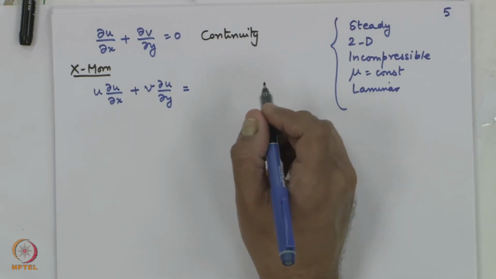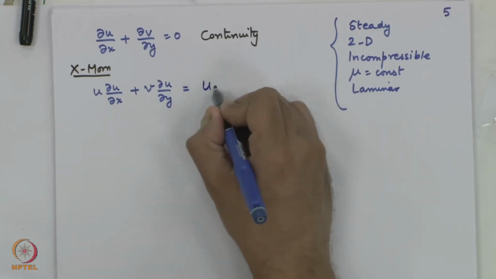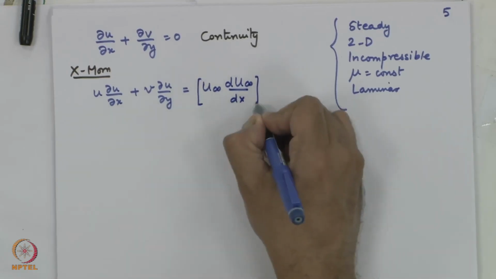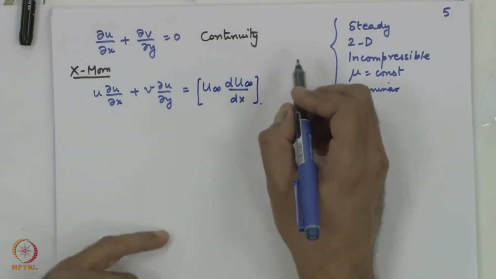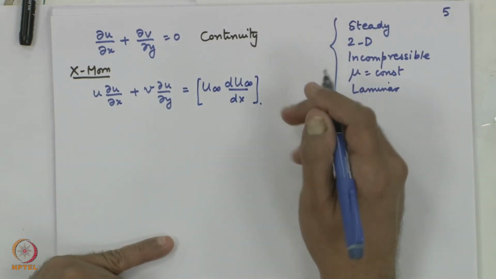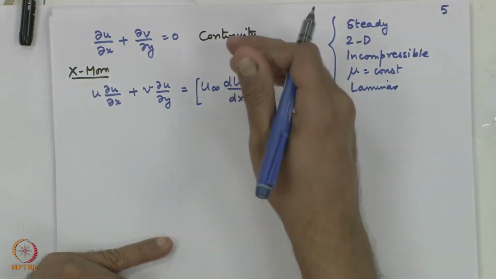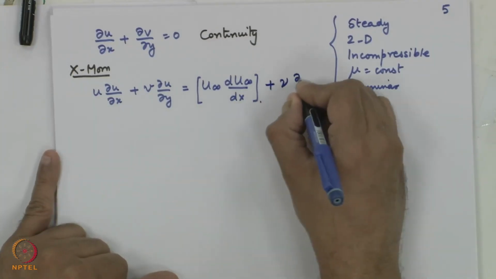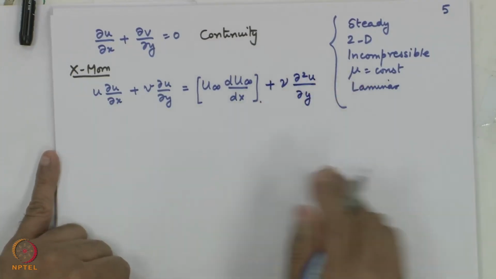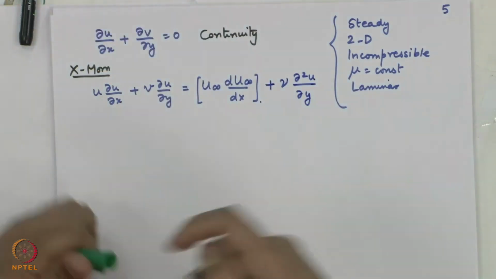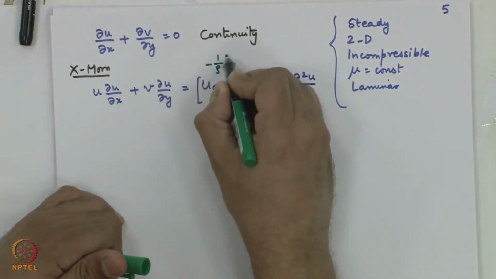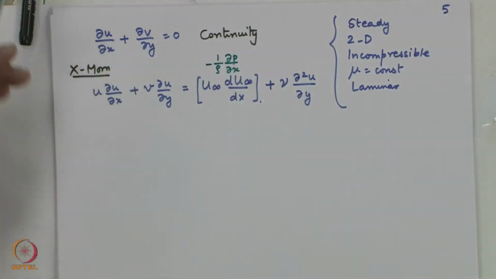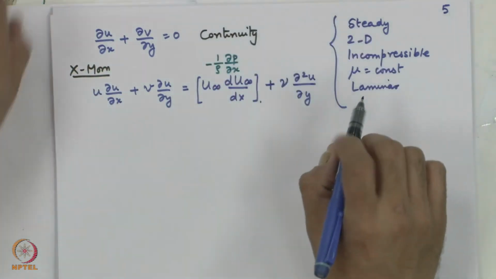Then minus 1 by rho dp by dx becomes u infinity du infinity by dx. This comes from the fact that dp by dx is transformed to u infinity du infinity by dx using the continuity of the pressure from the free stream. This was seen when the boundary layer equations were derived, so I am just going to take that directly. So, this term is nothing but your minus 1 by rho dp by dx, and it becomes u infinity du infinity by dx.